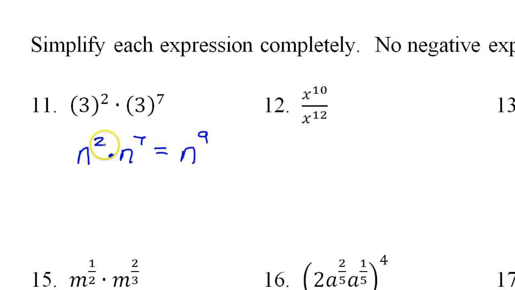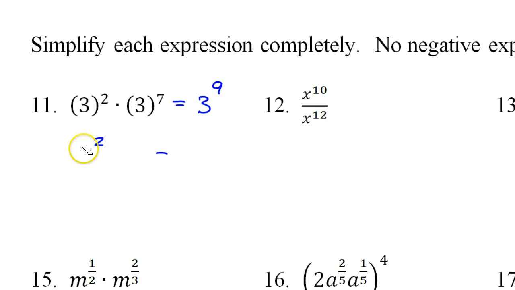Alright, we have to add those exponents. So it will be the same thing even with a number. So please do not do 3 times 3 and put a 9. Okay? This is the same thing as 3 to the 9th power. Okay, it's just like this is n to the 9th power.